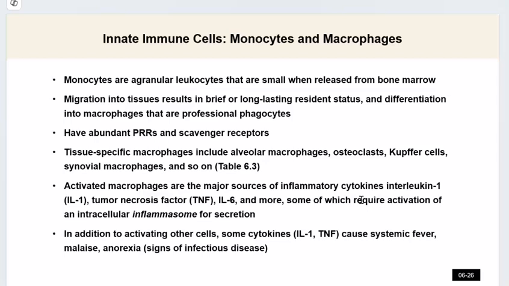Then they have to ingest the microbe, fuse the phagosome with an intracellular lysosome, and then they end up killing off the microbe, breaking it down into smaller pieces. That's why the formation of a pseudopod can be important to help bring them to the area and get them to the place they need to be.